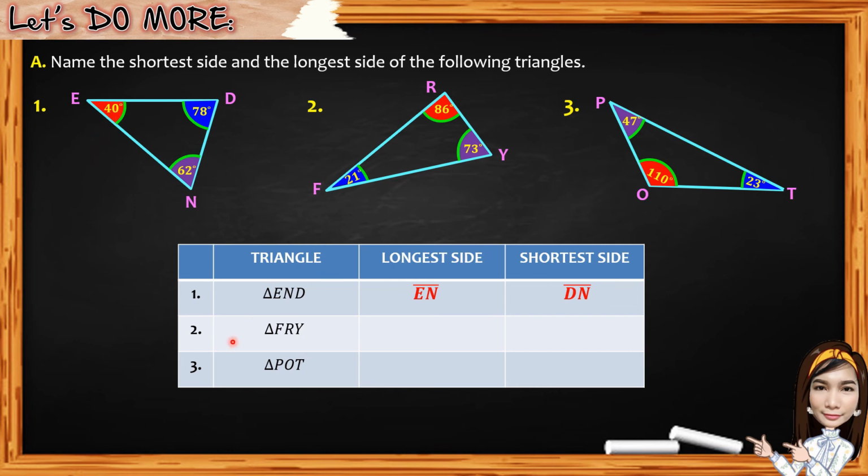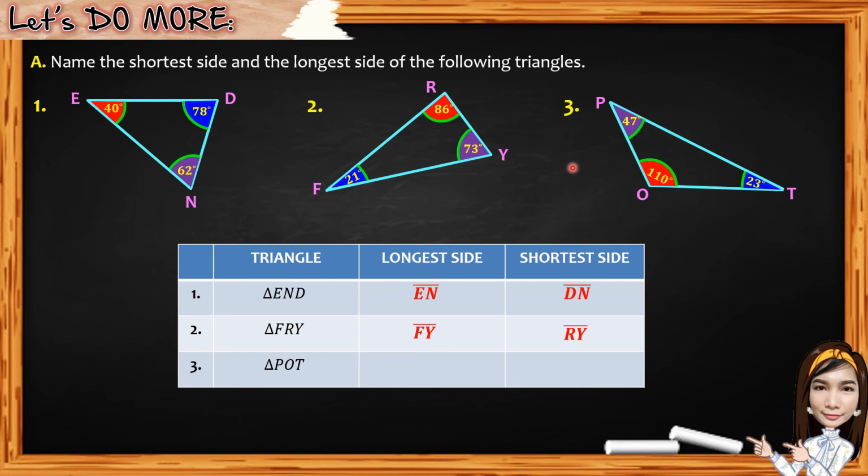Now for number 2, triangle FRY, the longest side is line segment FY, which is opposite the largest angle, angle R, 86 degrees. And the shortest side is line segment RY, which is opposite the smallest angle, angle F, 21 degrees.